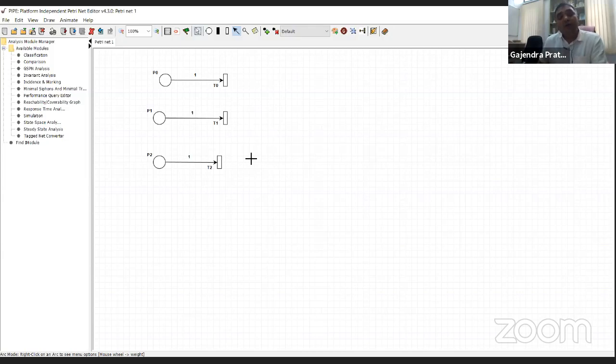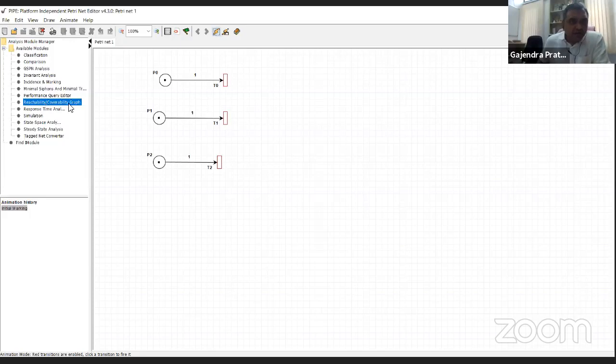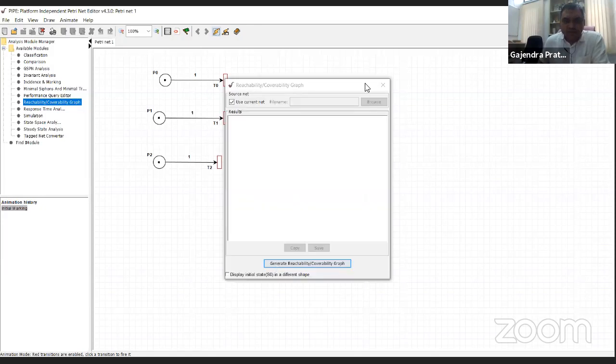I want to show how exponential growth arises if we make a minor change in the tokens. Suppose I put one token here, one here, one here, and run it; you can see the changes. If we generate the reachability or coverability tree, you can see the tree.